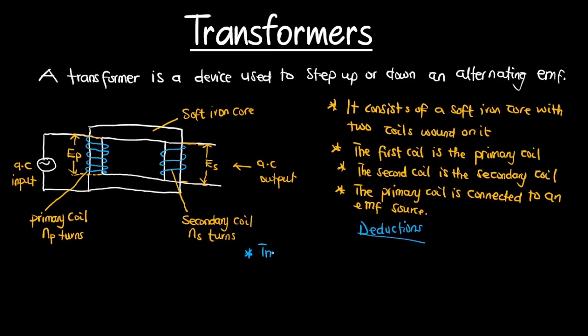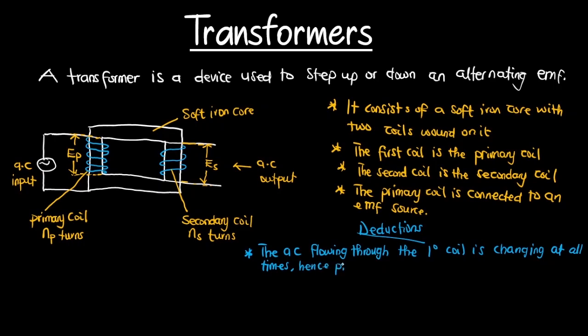So we are saying that the AC flowing through the primary coil is changing at all times, hence produces change in flux in the secondary coil.